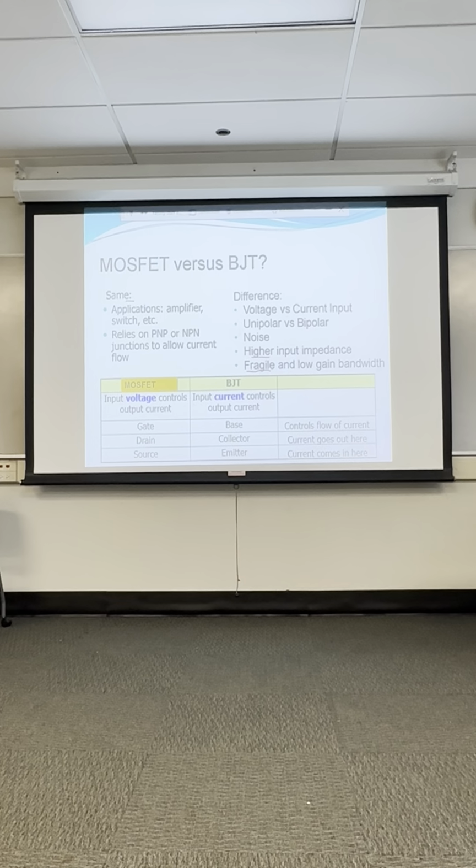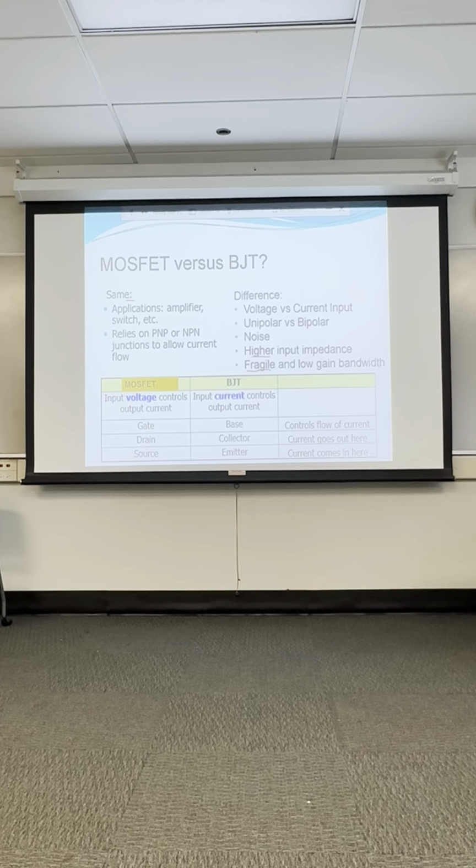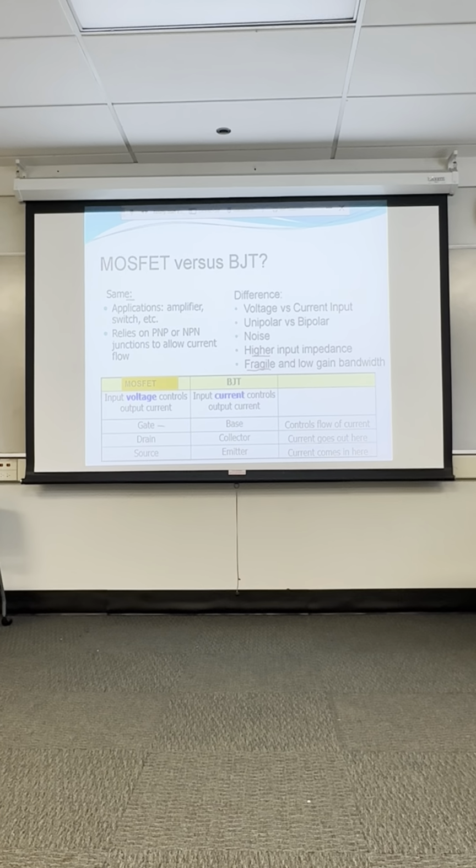So at the bottom, the control device in a MOSFET is the gate. So what's the control device in a BJT? What controls current in a BJT? The base. The base controls current in the BJT. And in an N-channel MOSFET, the drain controls the output current.